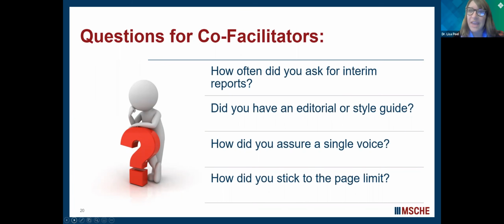So the added layer of doing a virtual visit and doing this during a pandemic, we were also taking a great deal of effort and putting it into making sure that we really were bringing together 4 locations that had never written, they'd all written individual reports before, into one. And so there was a lot of thought given to some of these steps to make sure that we were writing from a single voice.